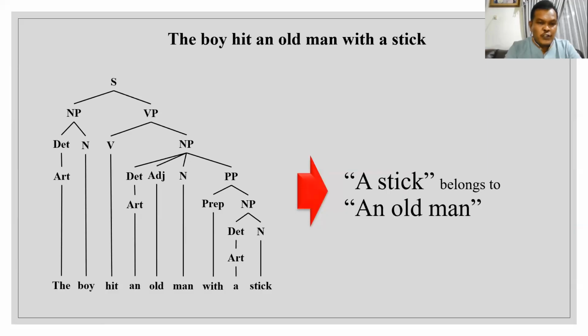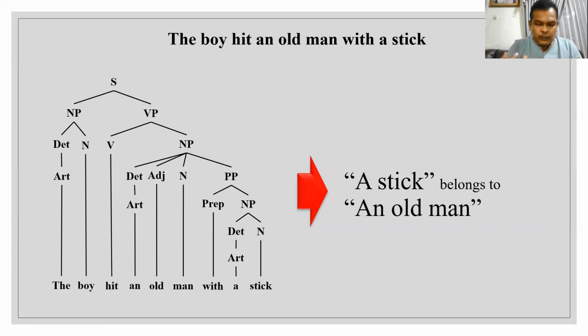However, by changing the article an into the, which is the definite article, we can show that a stick exclusively belongs to the old man. So we have a sentence, the boy hit the old man with a stick. By using the old man with a stick, we can understand that a stick must belong to the old man. That's all, students.